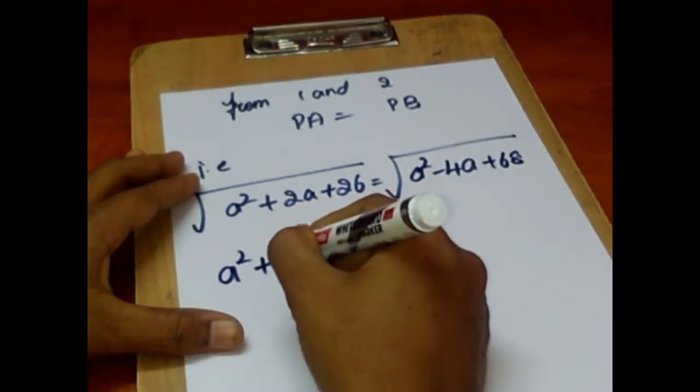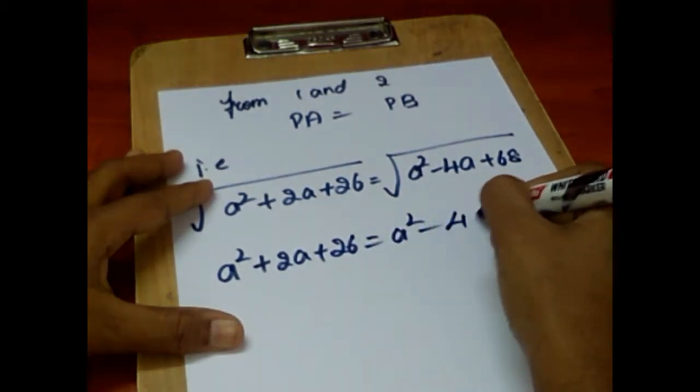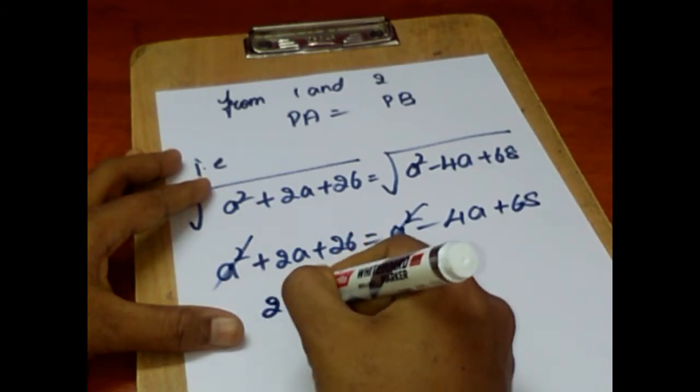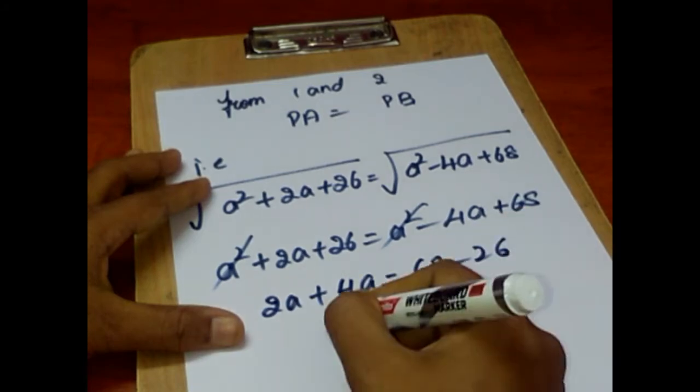So both the sides square can be cancelled. Hence the remaining values are a square minus 4a plus 68. a square cancelled. 2a plus 4a is equal to 68 minus 26.